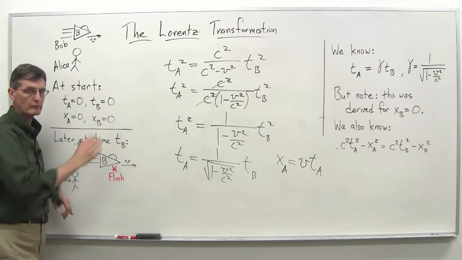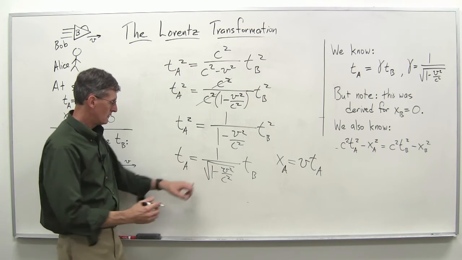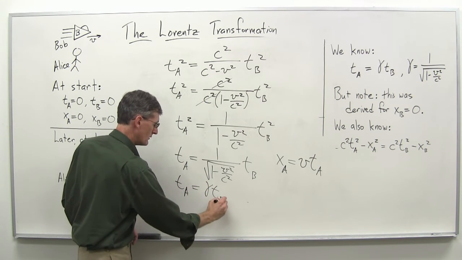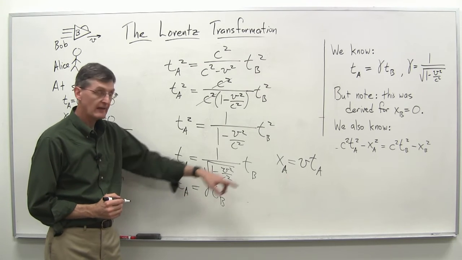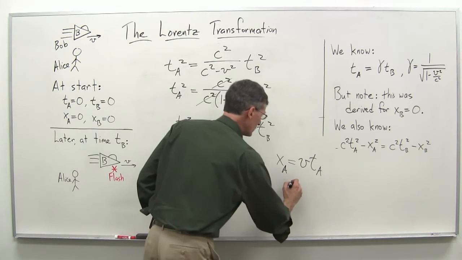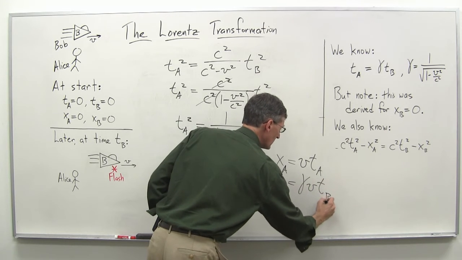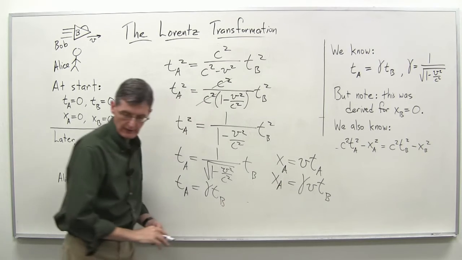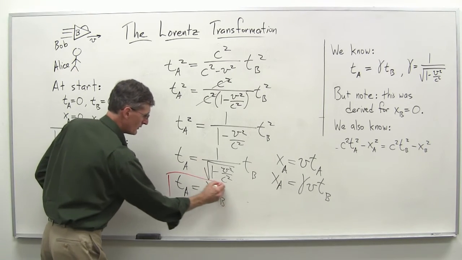So she's watching Bob go by with velocity v. And therefore, ta equals gamma tb. And so we can plug ta into here, and we get gamma v tb. So that's xa.